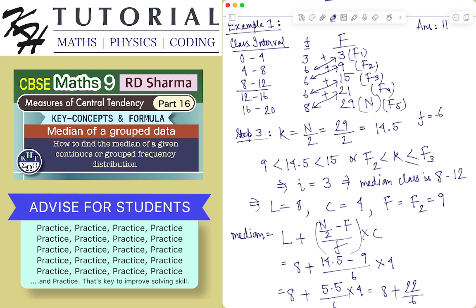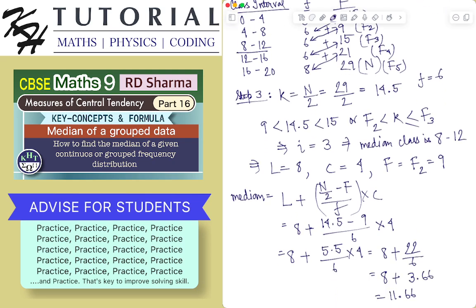Capital F is the cumulative frequency of the class preceding the median class, which is 9. Small l is 8. Okay, so L plus (n by 2 minus F) divided by small f multiplied by C: 8 plus (14.5 minus 9) divided by 6 multiplied by 4.